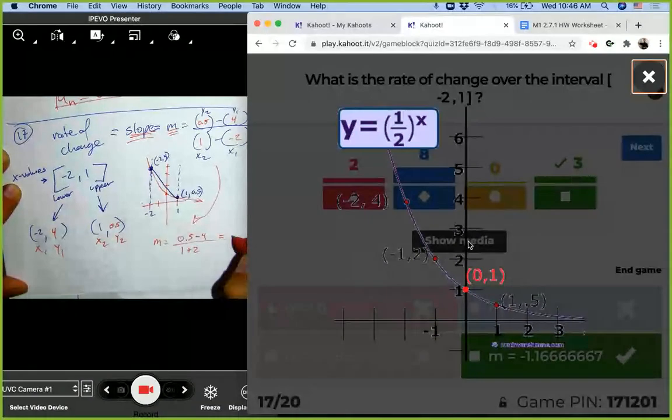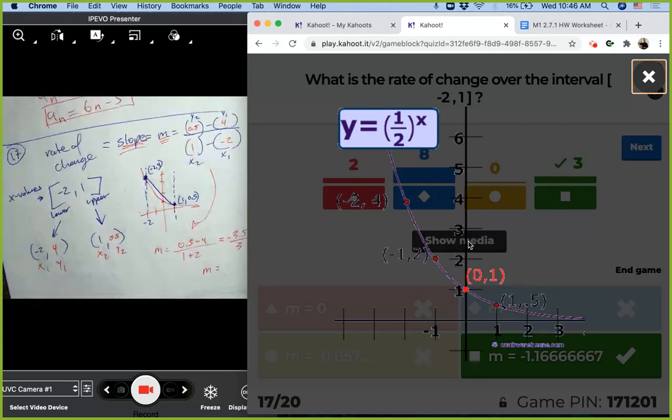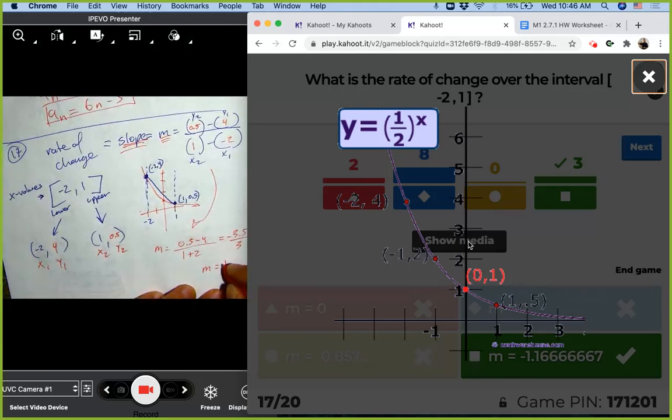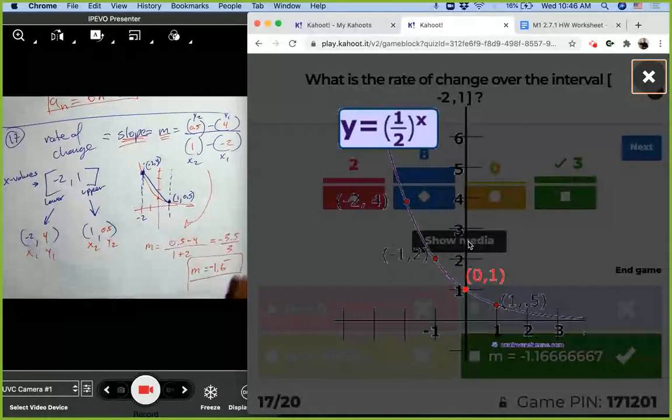And that equals negative 3.5 over 3. So my slope is negative 1.6 repeating.